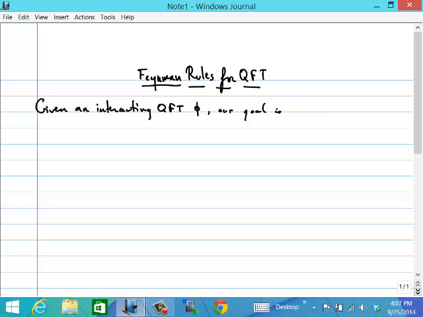And our goal is to compute the natural observables of this system, which are the time-ordered vacuum expectation values of a bunch of insertions of that observable phi at various points in space-time. Okay.